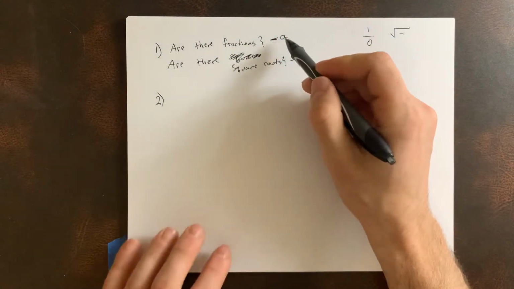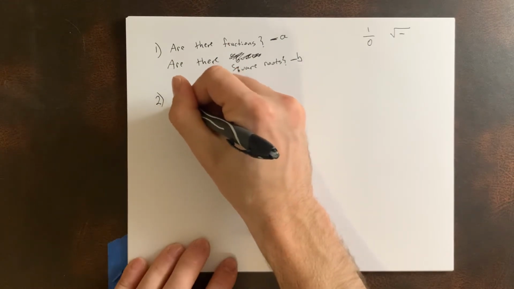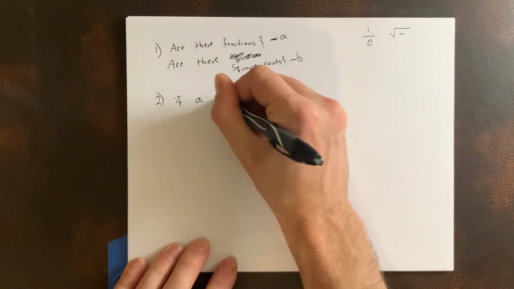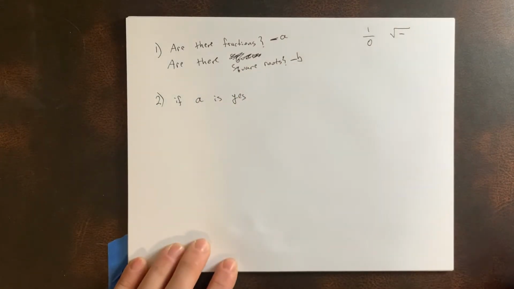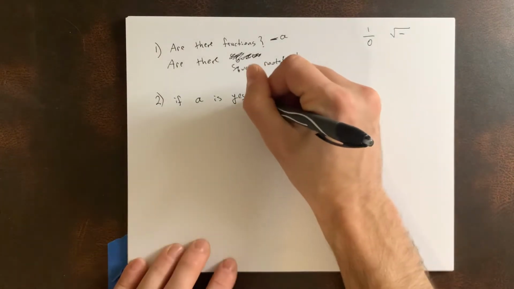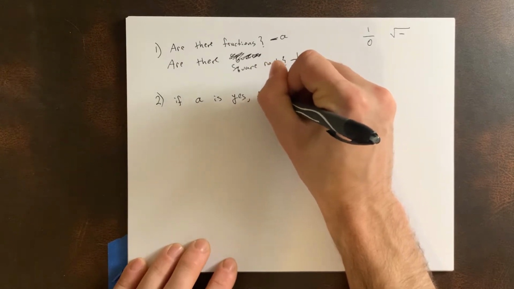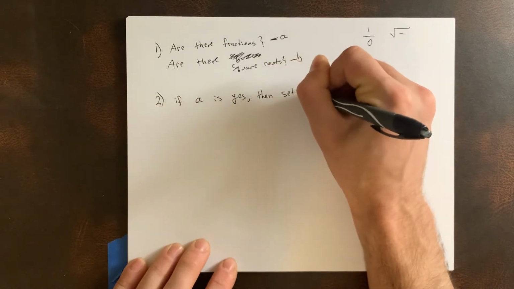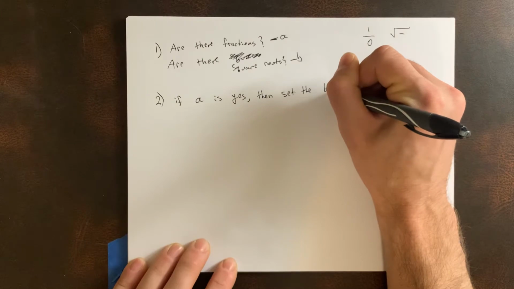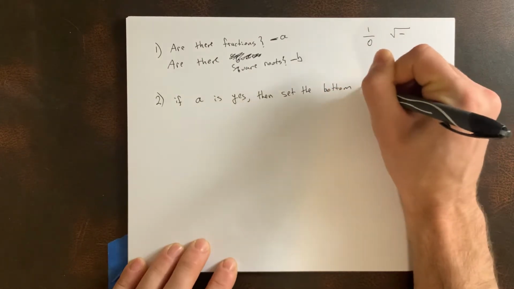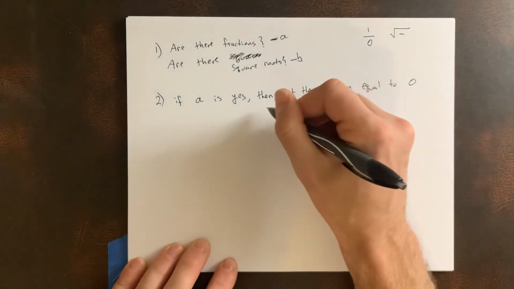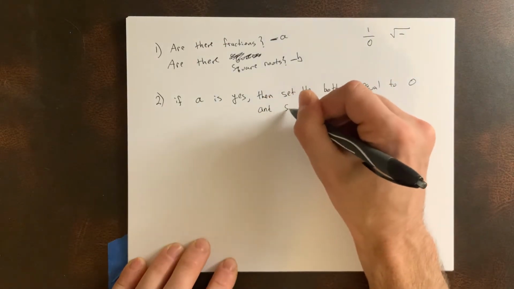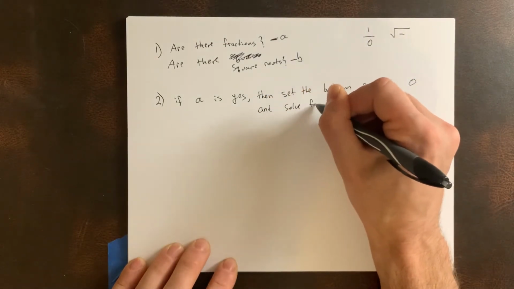So suppose the answer to A is yes. What we then do is set the bottom of the fraction equal to 0 and solve for x.